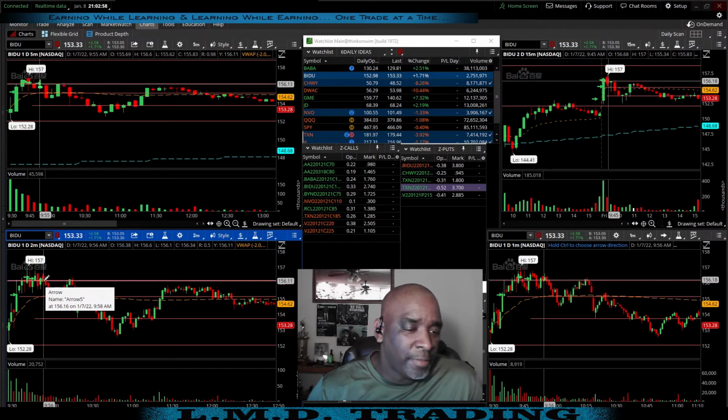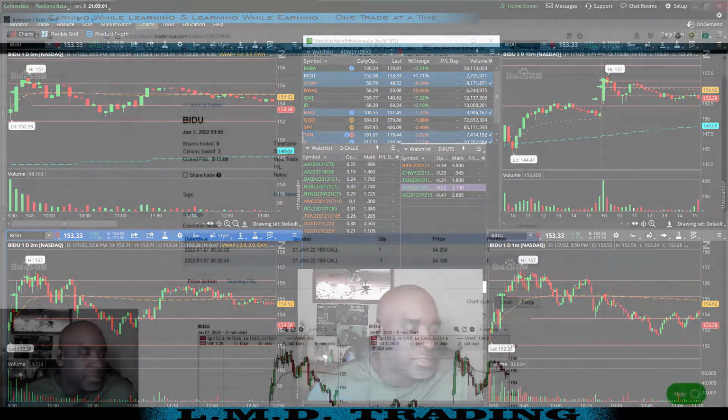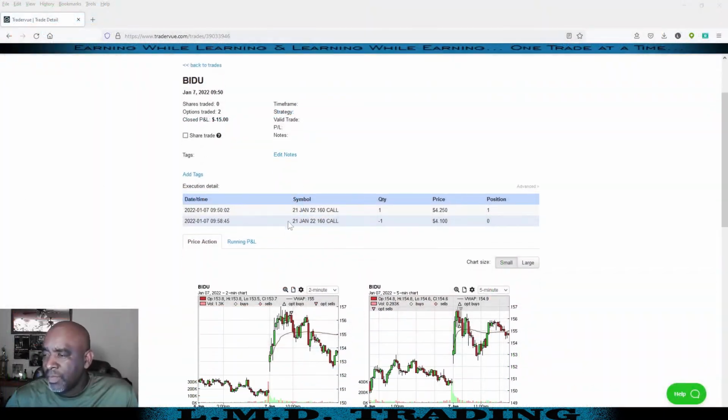So let's take a look at this one in TradingView. And like I said, we got in it at 950. We got out at 958. This one, again, we did move our stop up so as to not take a full stop. And we took a loss of $15 on that trade.